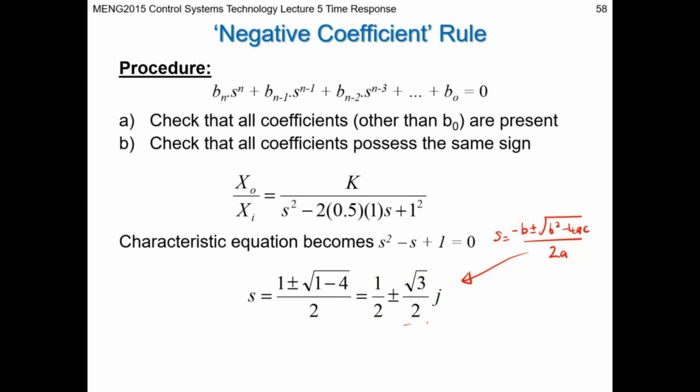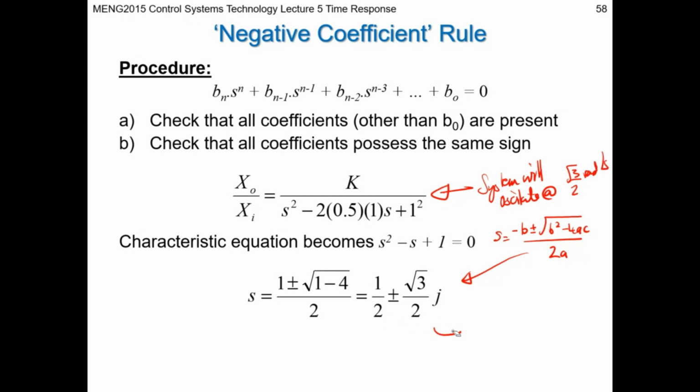Because it has an imaginary part, that creates oscillation in this system. The system will oscillate at root 3 upon 2 radians per second.